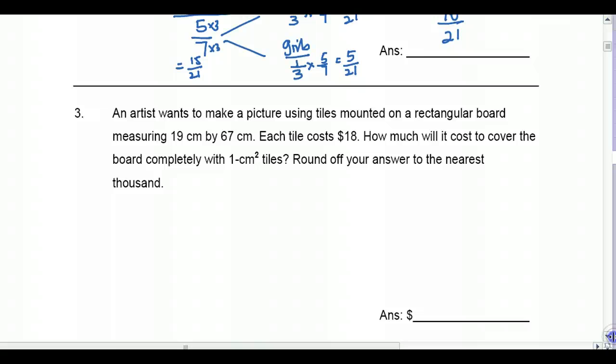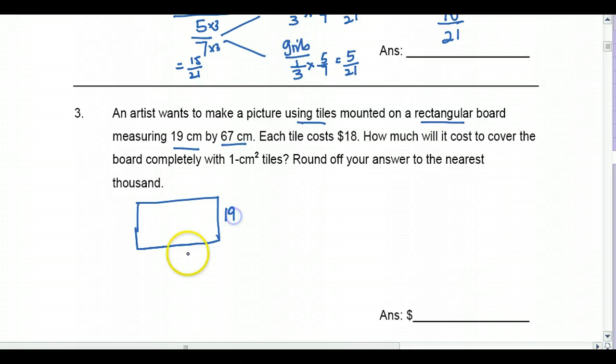Question 3. An artist wants to make a picture using tiles mounted on a rectangular board measuring 19 cm by 67 cm. So I have a board measuring 19 by 67 cm. Each tile costs $18.